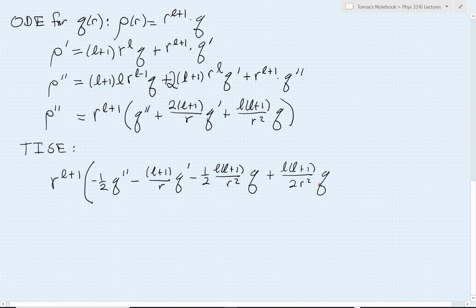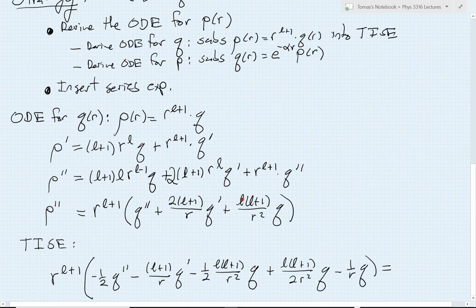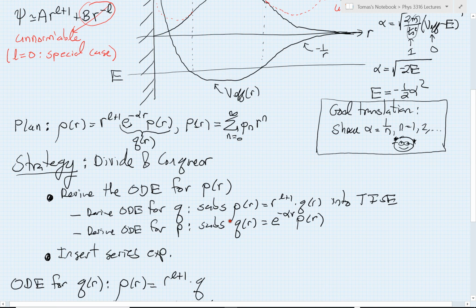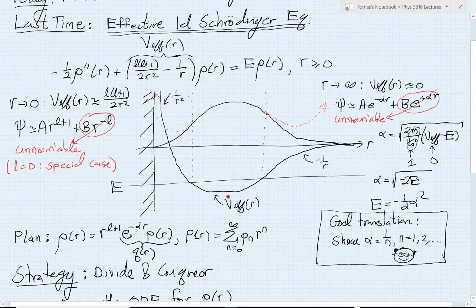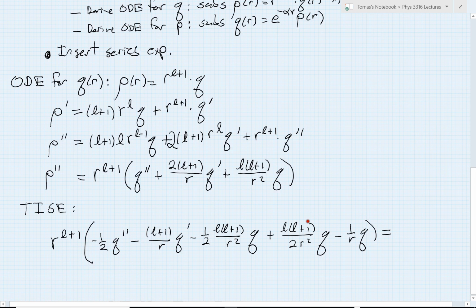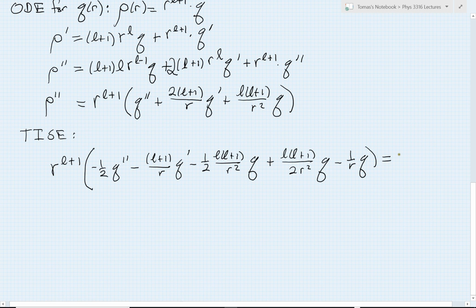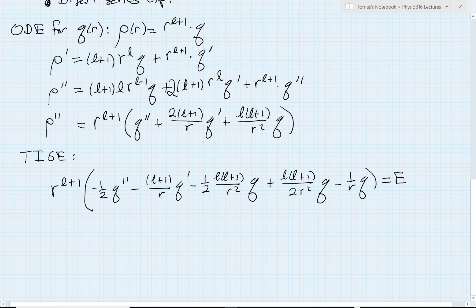That's multiplying Q. And then the other piece of the potential that I have is minus 1 over R, which also multiplies Q. And finally, the right-hand side of my equation is going to be E, the energy, times rho of R. So I need to include E times rho, but rho itself, once again, has this nice R to the L plus 1 times Q.